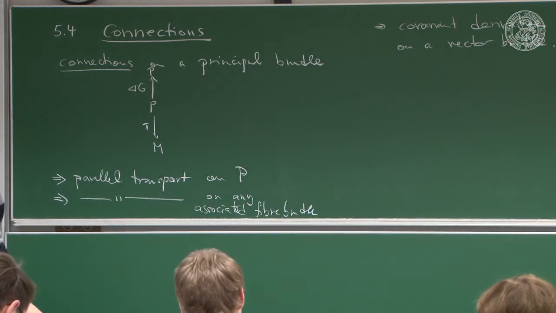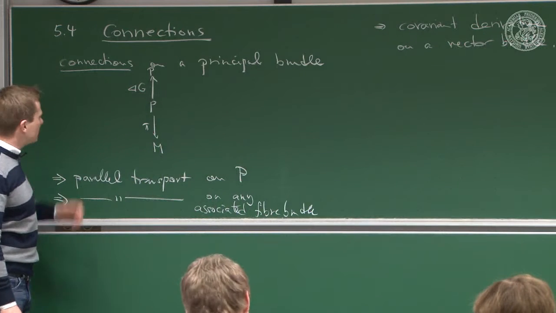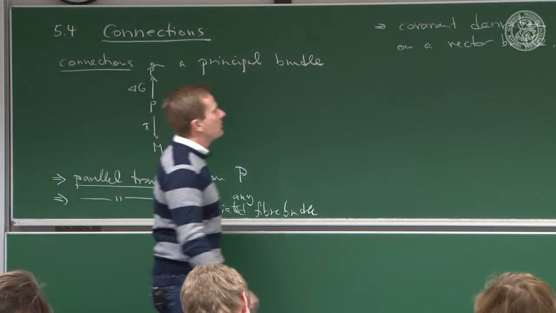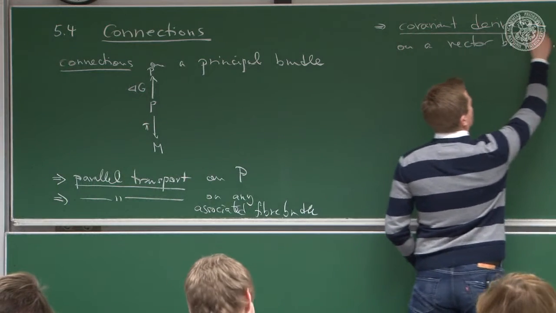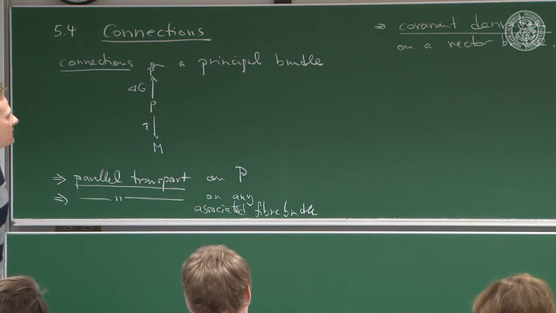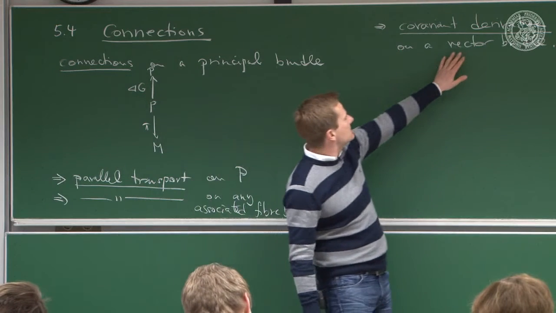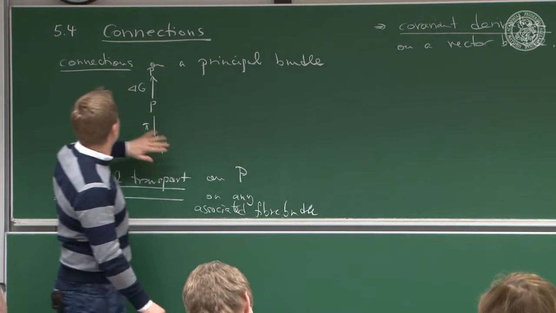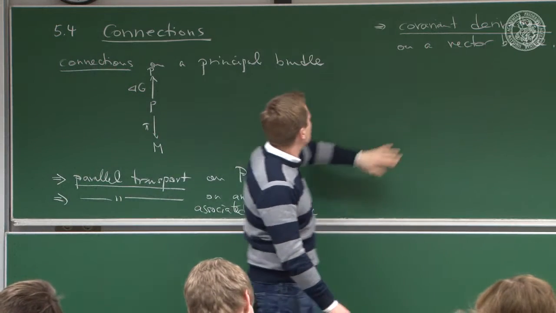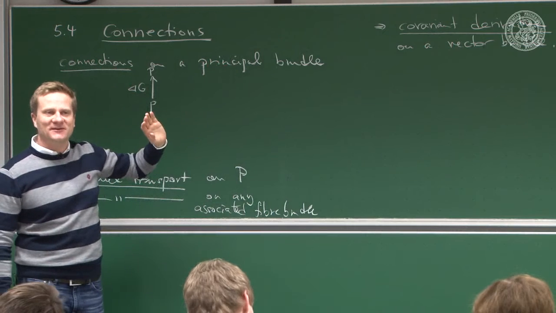So you see, in decreasing order of generality, we have connections, parallel transports, and finally, as a hyper-special case, covariant derivatives on a vector bundle, which still is defined in terms of a connection if this vector bundle is the associated bundle of some principal bundle.